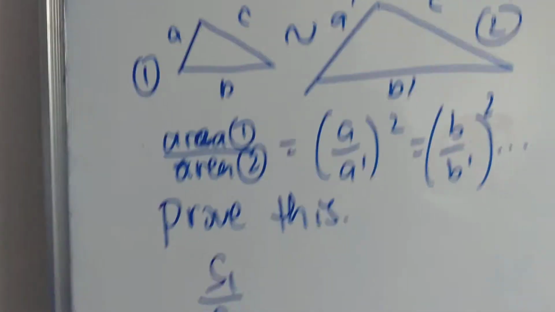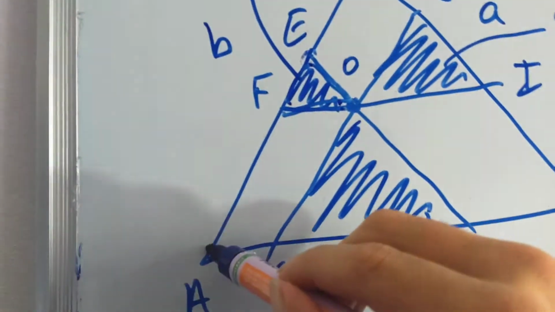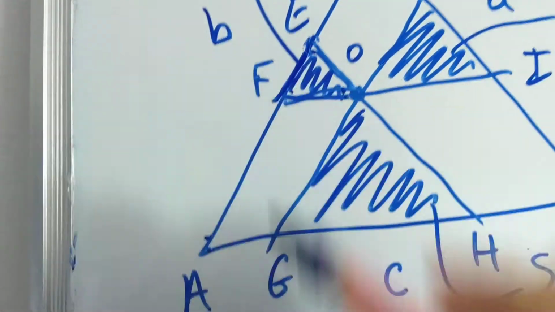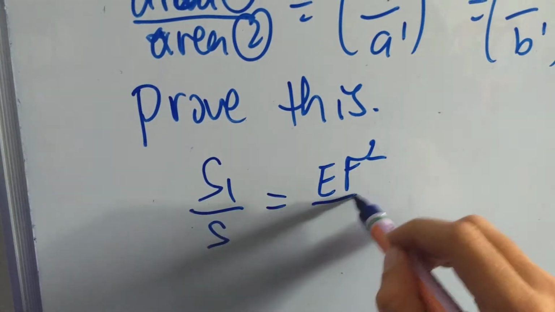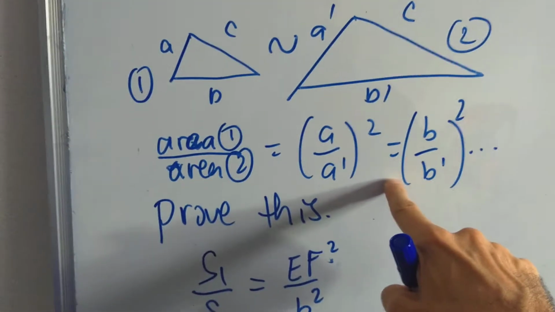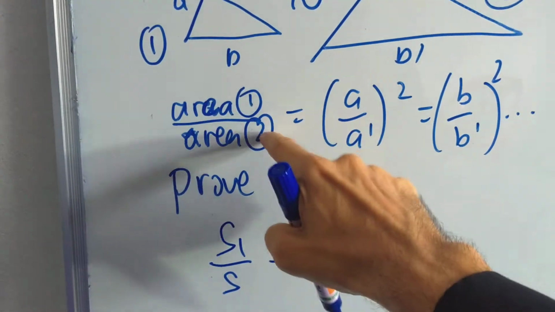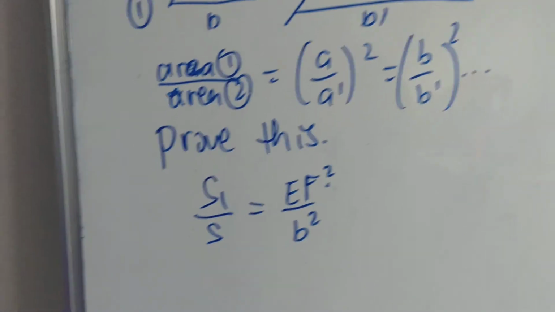So S1 over S, well, it's this side B, and here EF. So this is equal to EF squared over B squared, according to this concept here, okay? The ratio of the triangle areas is the square of the ratio of their sides.